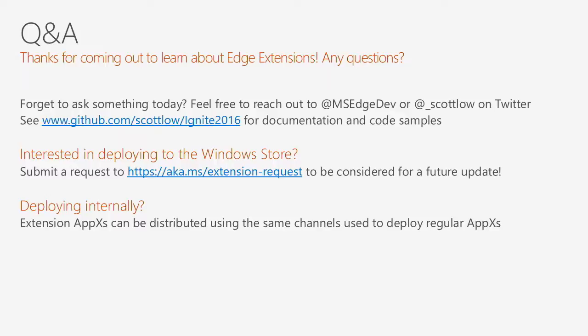Before we wrap up, I do just want to provide a quick note in terms of deployment, because this is what we get a lot of questions on. Everyone always says, well, how do I get it into the Windows Store? Right now, the Windows Store is a managed experience. That means that Microsoft, a team of our engineers, is looking at every single extension before it goes live into the store.